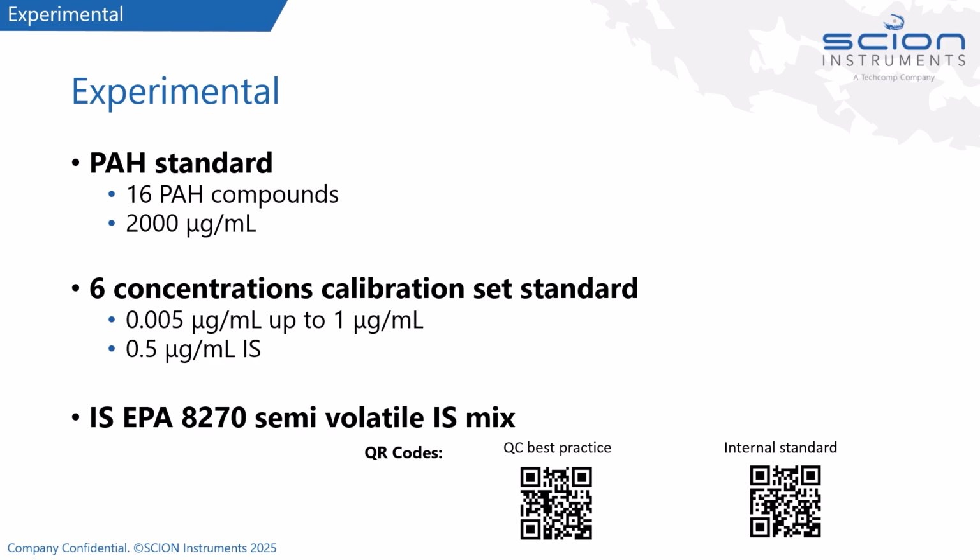The internal standard solution was prepared by adding 500 microliter of the internal standard into a 100 ml volumetric flask and making to volume with dichloromethane. 500 microliter of this working standard was added to each sample, giving the final internal standard concentration in all samples of 0.5 ppm. On the bottom here you can also scan these QR codes about QC best practice and internal standards.